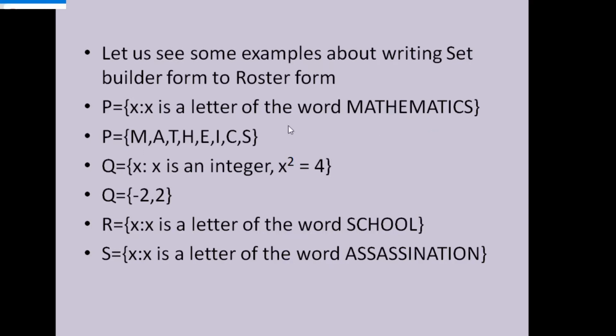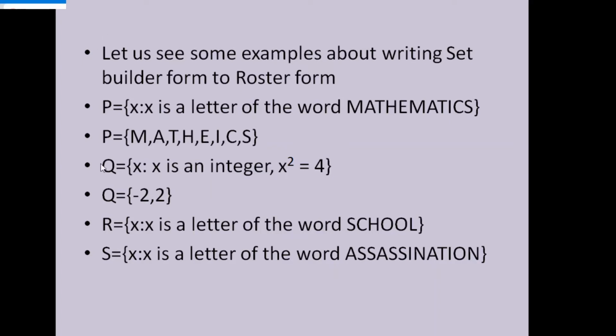So considering that rule, set P is equal to M, A, T, H, E, I, C, S. So what is the difference between this word and this set? Whichever letter is repeated more than once is omitted, and we have taken set P is equal to M, A, T, H, E, I, C, S.